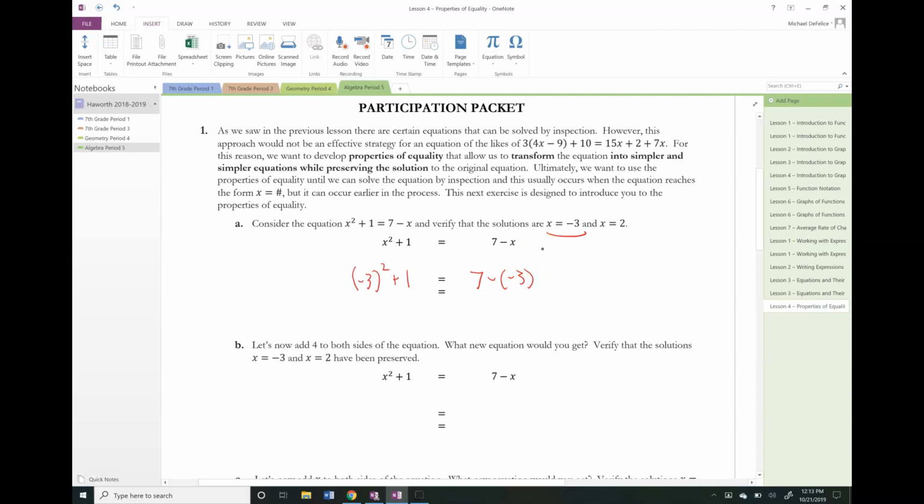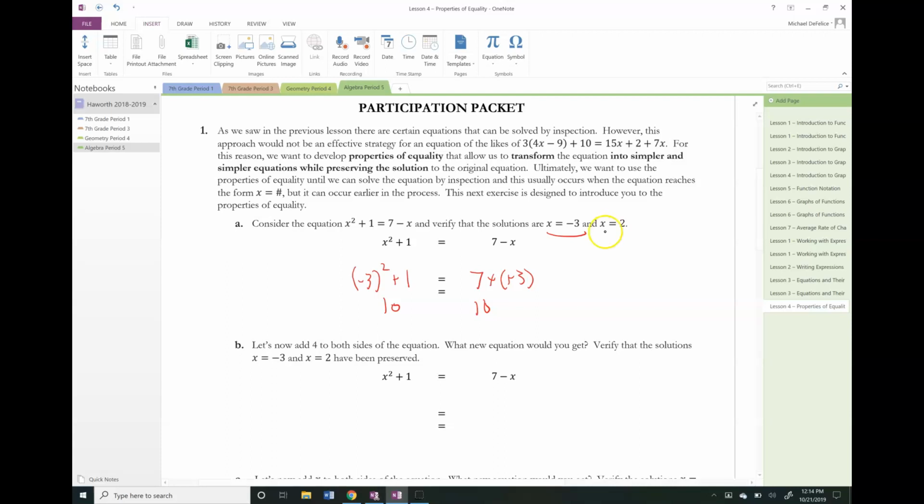On the left-hand side, -3 squared is -3 times -3, which is 9, plus 1, which equals 10. And on the right-hand side, I also am going to get 7 plus 3, which is also 10. So -3 is a solution to that equation.